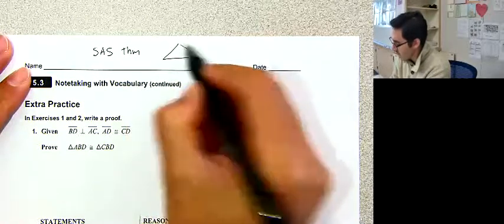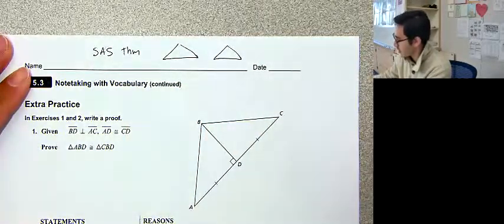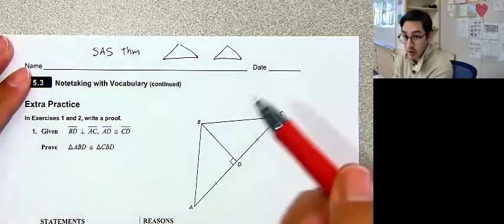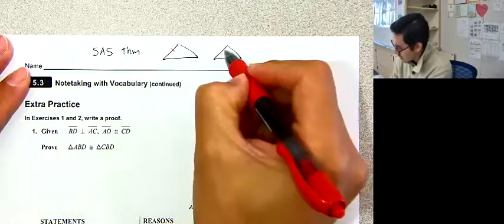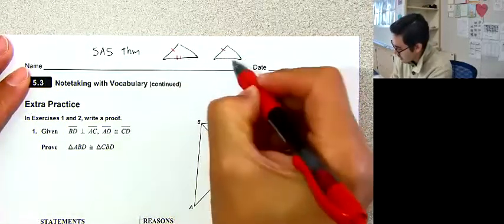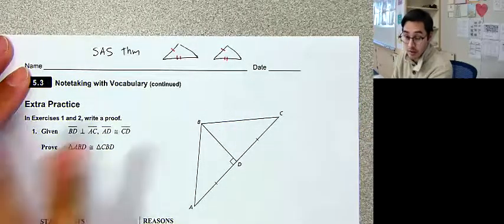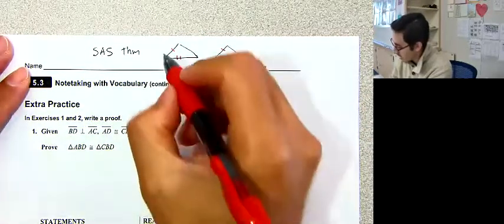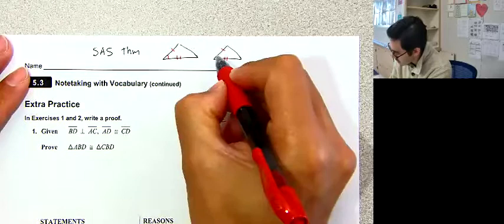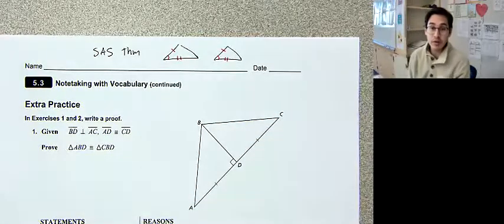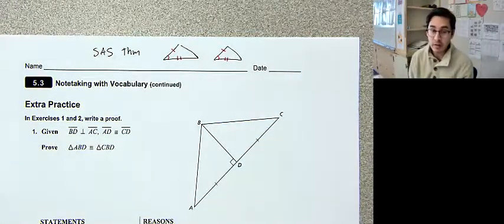Which basically says if you have 2 triangles and you can show that they have 2 pairs of congruent sides plus the angle in between those sides is congruent as well, right? Then that is enough information to say that the triangles are congruent.